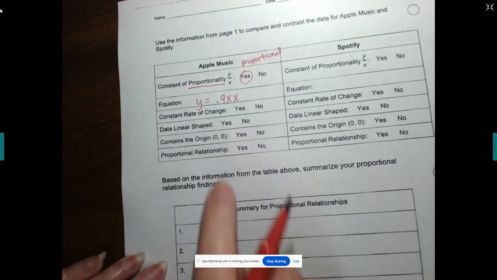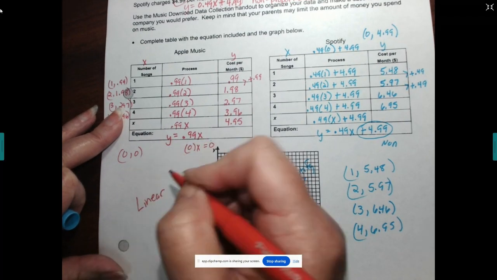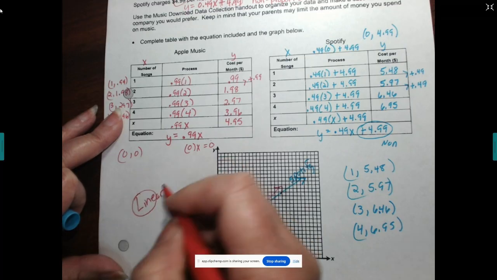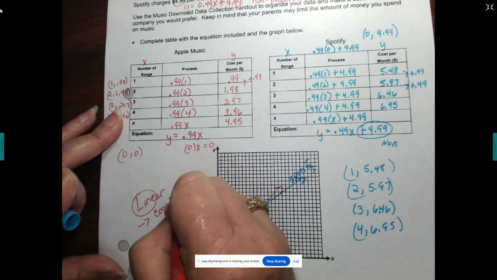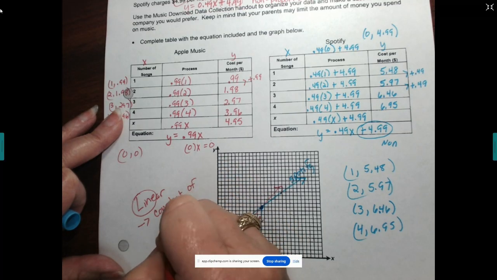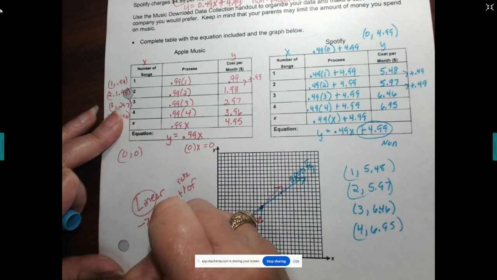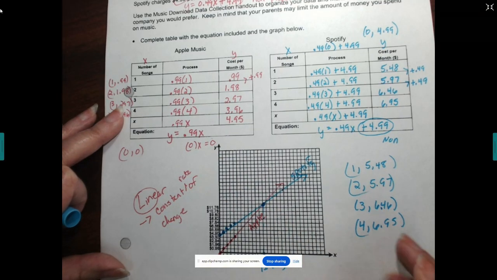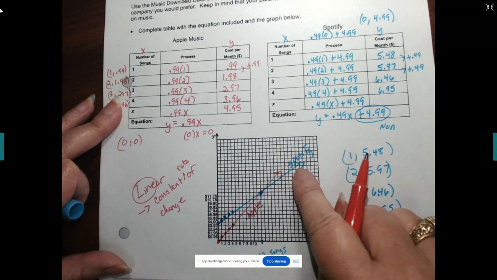Does it have a constant rate of change? Anything that is linear, in other words, when you graph it, it makes a straight line, if it's linear, it has a constant rate of change. So whether it's proportional or not, it's still going to be linear because they're both straight lines.